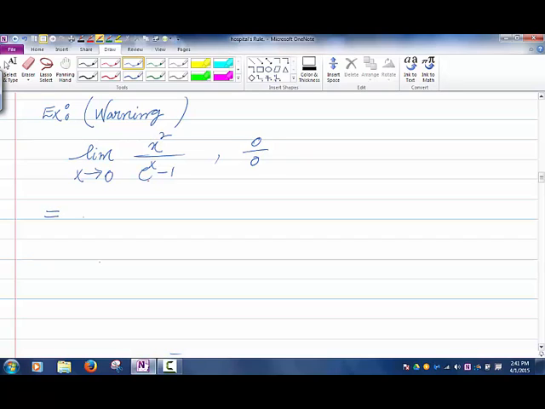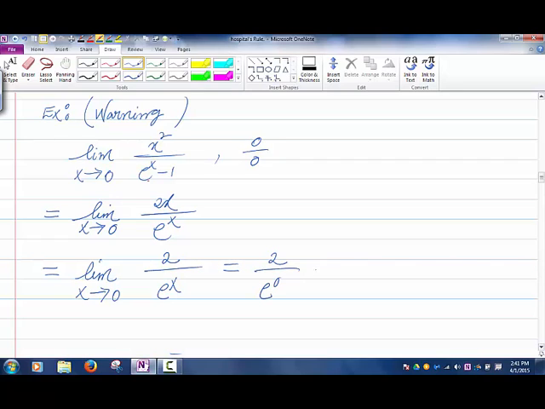And by L'Hopital's rule, I can take the derivative, so 2x over e to the x. Just like the previous problem, I can apply L'Hopital's rule one more time. I get 2 over e to the x. And now what's the limit? 2 over e to the 0, which is 2.